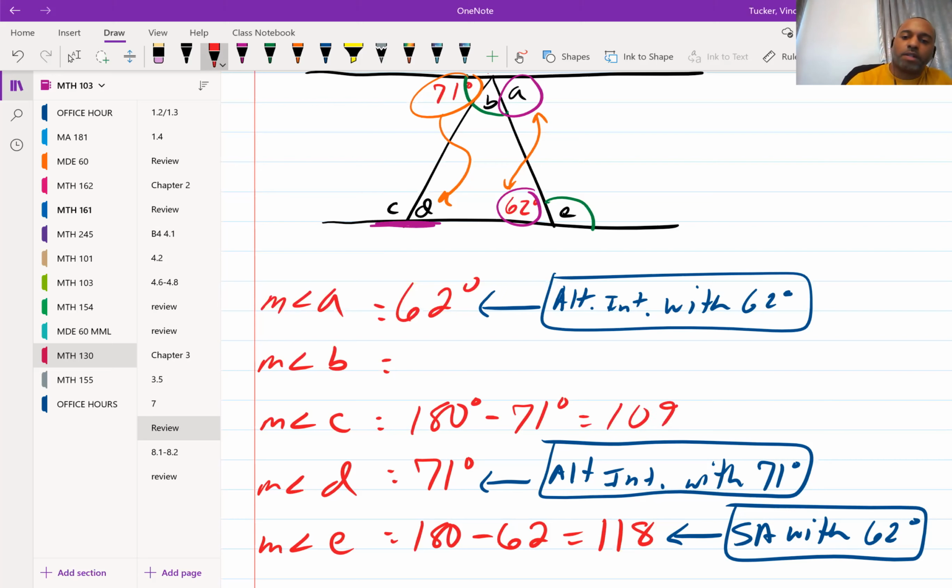Should be 109. That's a straight angle with D, not C. And then with B, we have a triangle. So 180 minus.